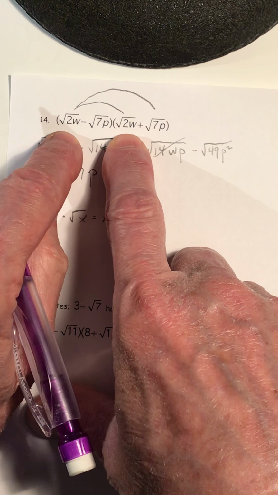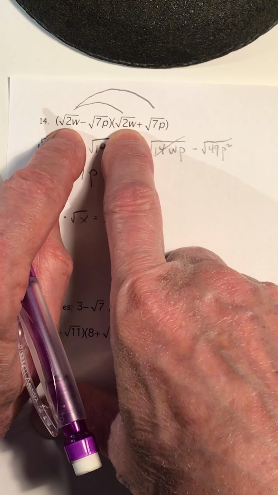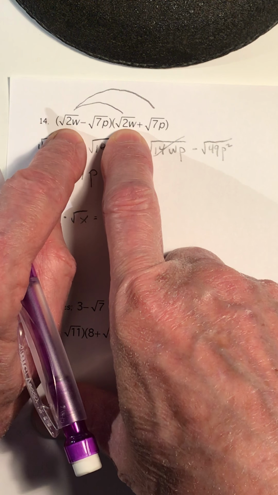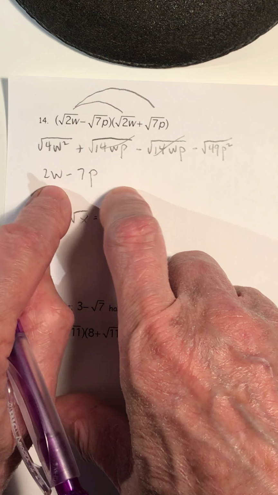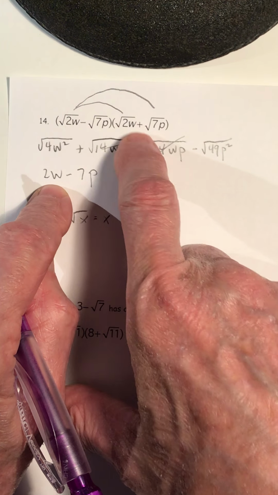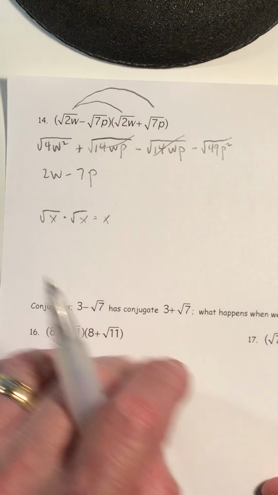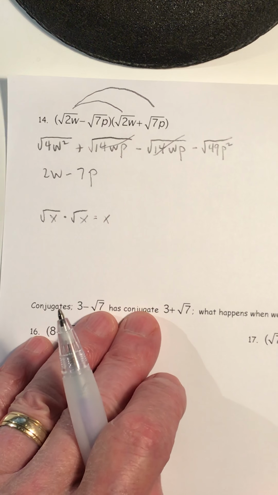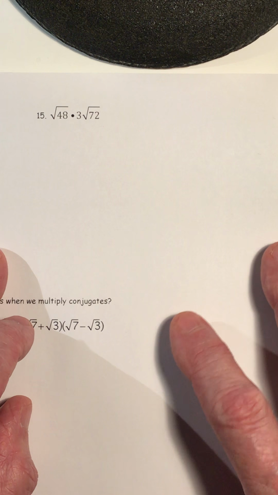So when we do the same radical times itself with a square root, not cube root or some other higher index, but a square root times the square root of the same thing is going to come out to be whatever the radicand is. So you saw that happen here twice. That's a time saver. You can still write this out like that if you like, but save time if you know that.